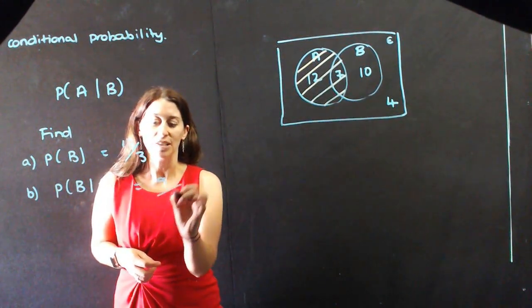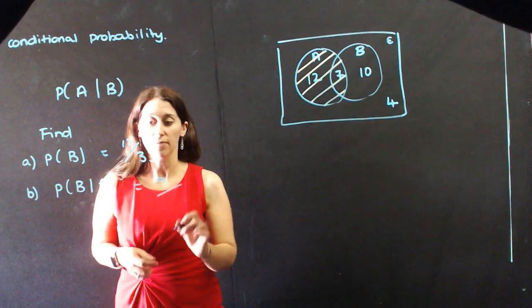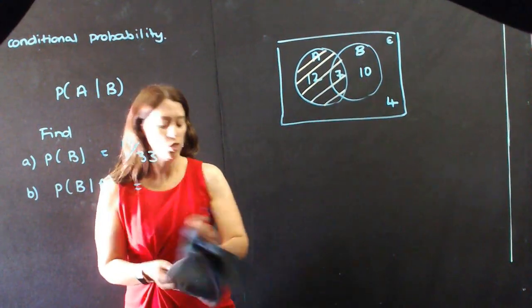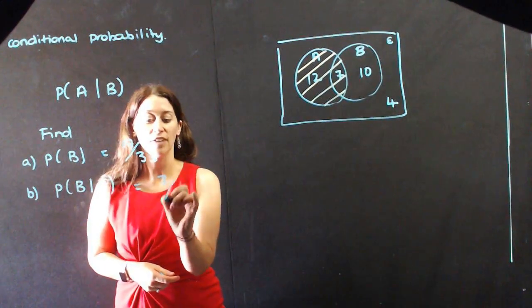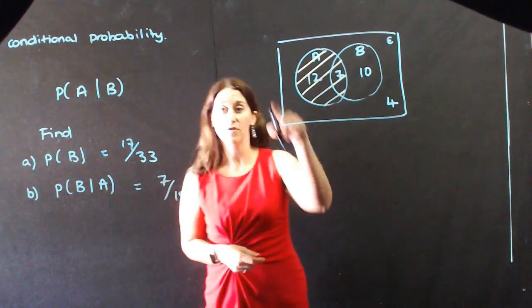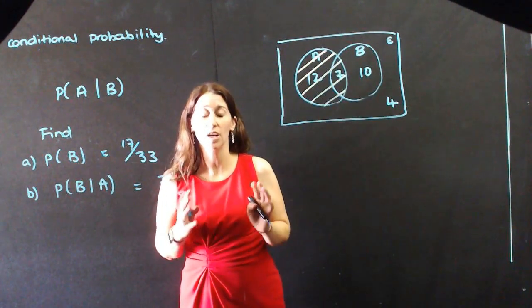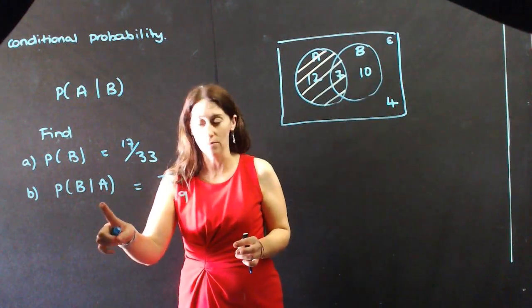So it's 7 out of 19, because we're only interested in those students that had apples. It's not out of the whole universal set anymore because we were given a condition.